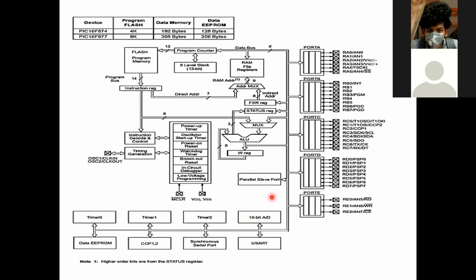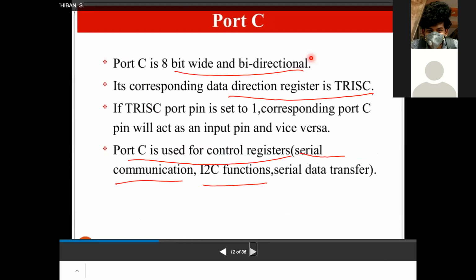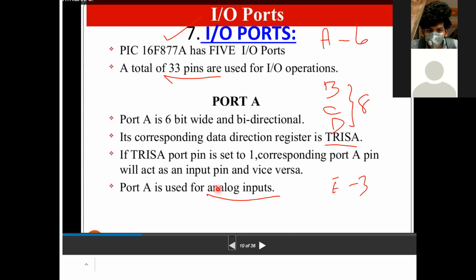And then the parallel ports. Now you come to here. How many ports? Five ports are there. Port B, port C, port D have 8 pins, port A is connected with 6 pins, and port E is connected with 3 pins. We all know port A mainly serves the purpose of analog. I have listed it for you. Port A for what? Analog inputs.